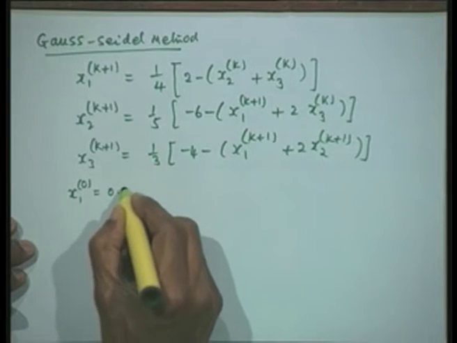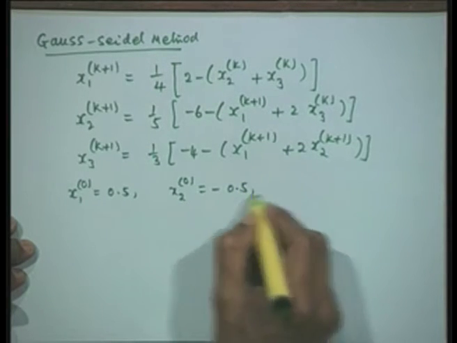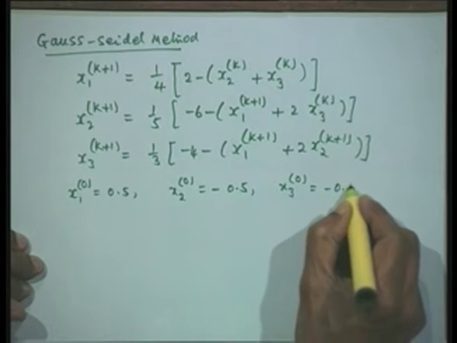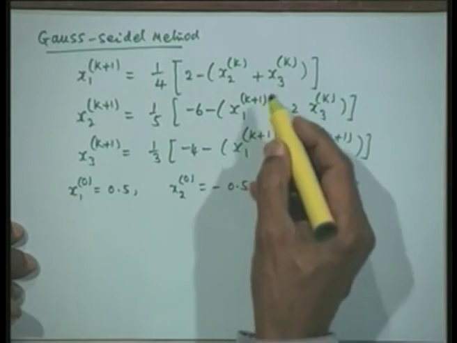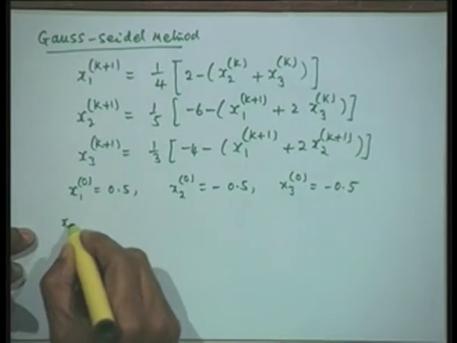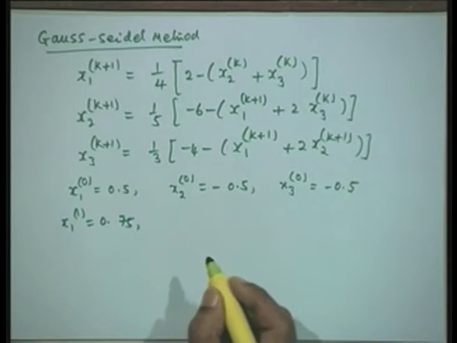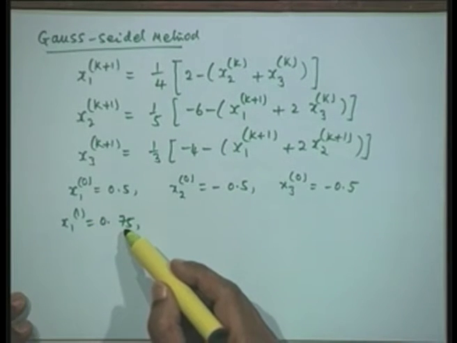Now, again we start with the iteration, the initial value is given to us again as x 1 of 0 is 0.5, x 2 of 0 is given as minus 0.5 and x 3 of 0 is equal to minus 0.5. Then I substitute it here, the first value would be the same as the previous because the first iteration is the same. Now, you can see that the current value x 1 of 1 has changed to 0.75.